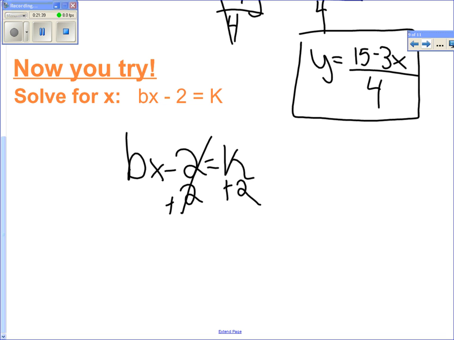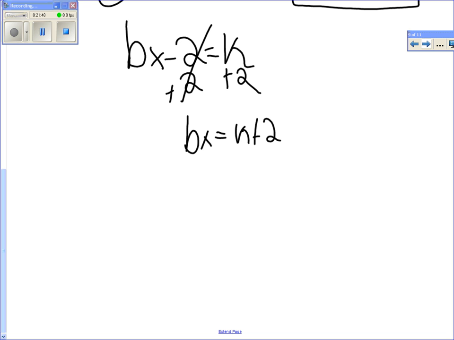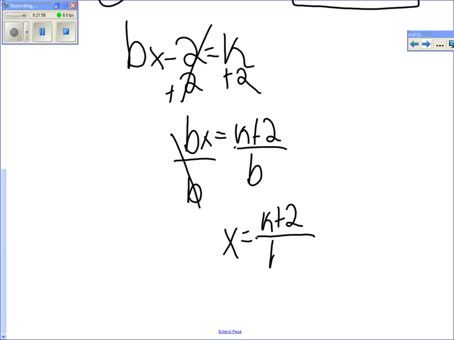And again, I'm trying to get that x by itself. So bx is equal to k plus 2. And then my last step would be to divide everything by b. So x is going to equal k plus 2, and then we're going to keep it as divided by b.